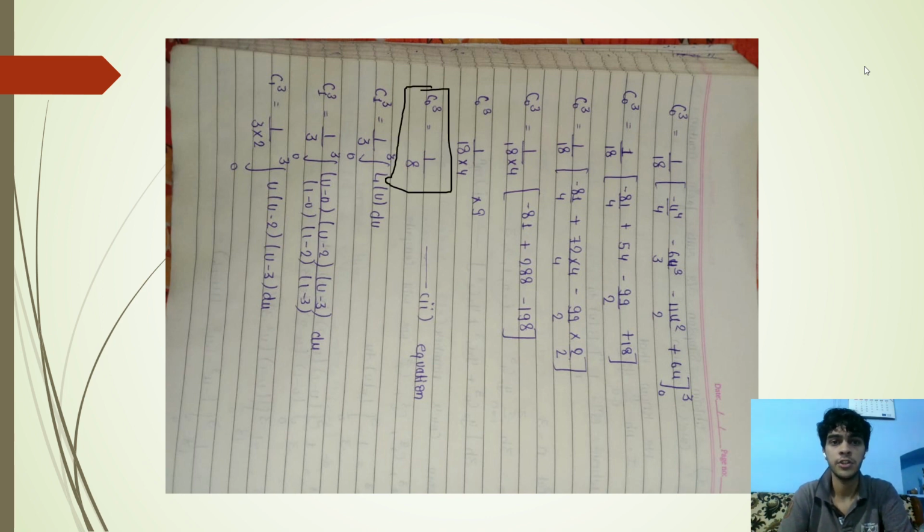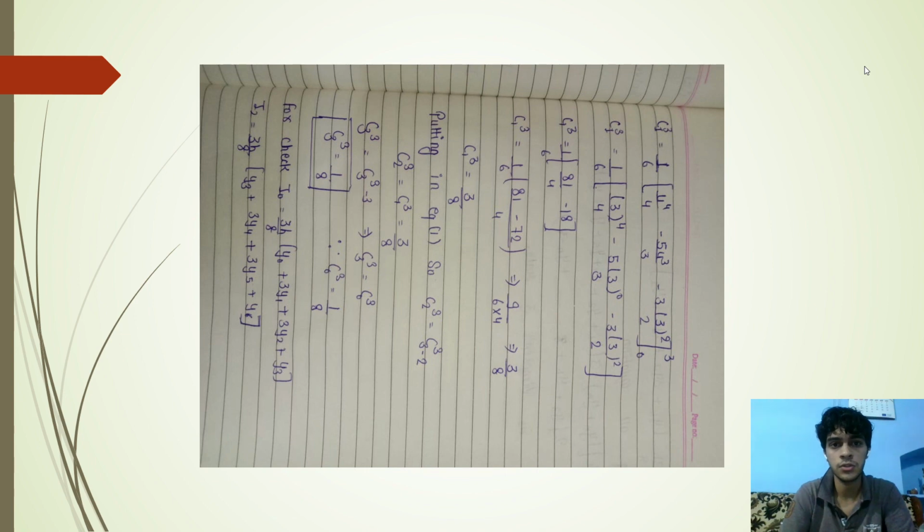This is basic integration. Similarly we will find the value of C13, which is going to be 3/8. It is right here, and putting its value in equation 1 we will find C23 equals 3/8, and similarly C33 equals 1/8.